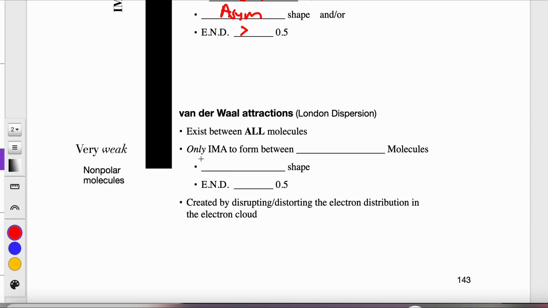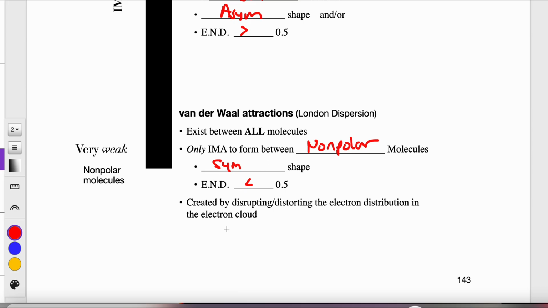This is the only type of IMA to form between nonpolar molecules. And nonpolar molecules have a symmetrical shape, and their END tends to be less than 0.5.